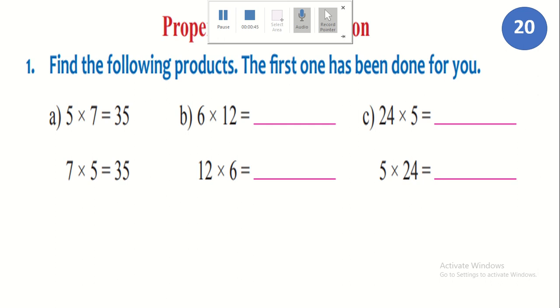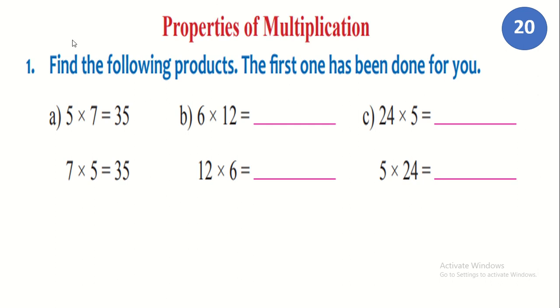Number 1 is find the following products. The first one has been done for you. Letter A is finished. Now you have here 5 times 7 is equals to 35. 7 times 5 is equals to 35.